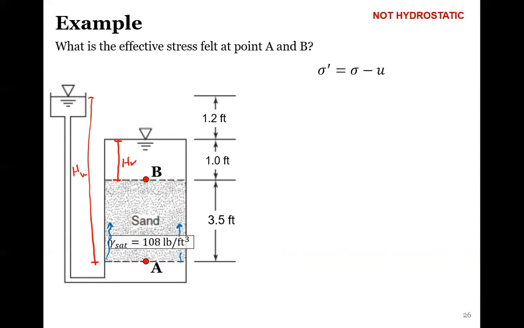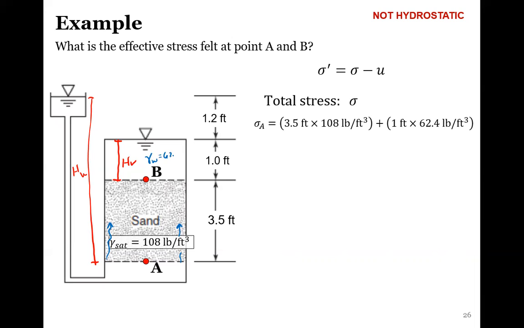So we need to find the effective stress felt at point A and point B. So we know our total stress, that's not changing because it's just one soil condition. So at point A, we have the soil that we're feeling, this 180 pounds. But then we also have 1 foot of this material, and this material is water, so 62.4 pounds per cubic foot is the density.